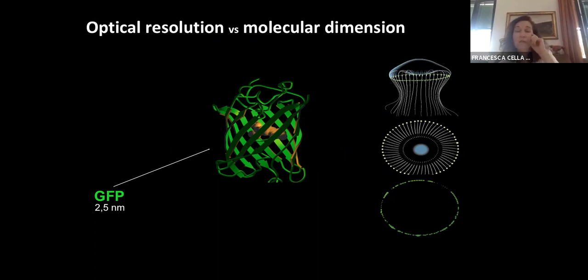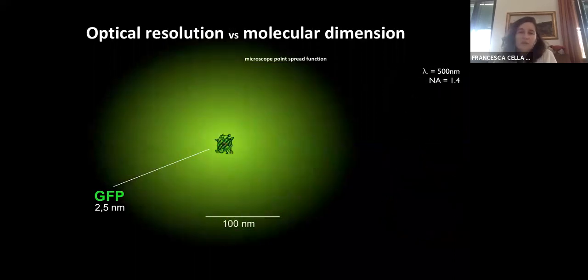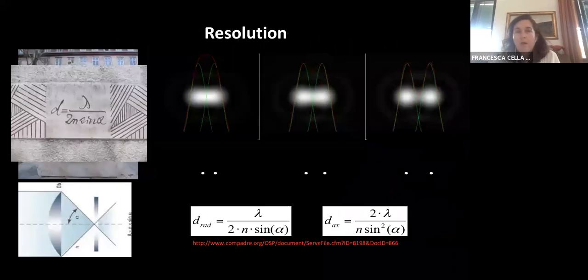The fact is that you are going to image within the sample fluorescent probes that are really small. So they are in the range of 2 nanometers, 3 nanometers usually, even smaller for synthetic dyes. So the point is that we are going to image our probe that is really small with a microscope, and the microscope has a finite point spread function. So the resolution is limited. So we will see a spot that is limited by diffraction.